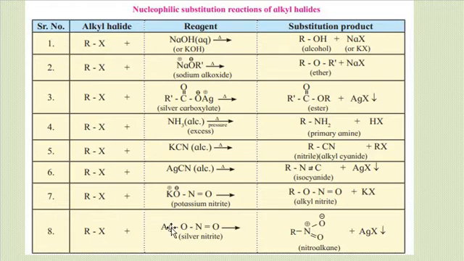And when silver nitrite is treated with alkyl halide, we will be getting nitroalkane and silver halide will be precipitated out. So these are the substitution reactions which you need to keep in your mind. Now we will talk about the mechanism of nucleophilic substitution reaction.